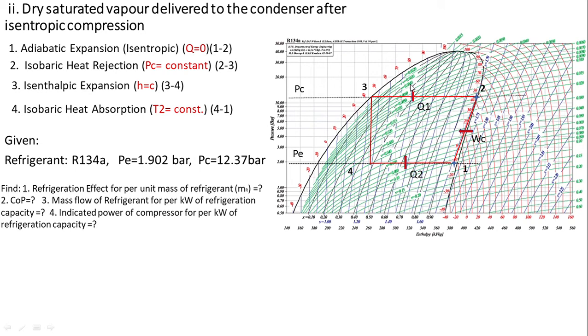So which is the refrigeration effect? Refrigeration effect means you have to absorb the heat from a certain space. So in which process are you absorbing the heat? You are absorbing the heat in the evaporator.